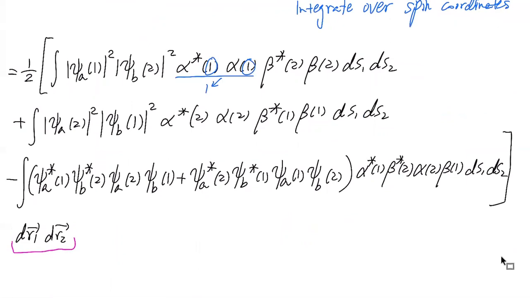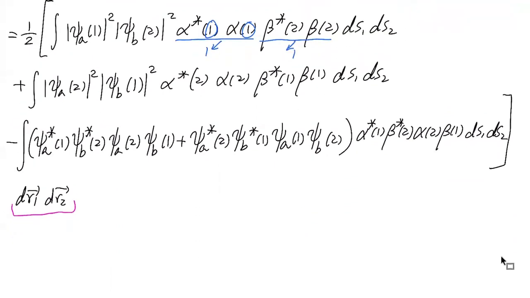You have alpha star 1, alpha 1, of course, this is normalized. This is 1. This is 1. This is also 1. And alpha 1 star times alpha 2, times beta 1, ds1, right? Gives you 0, right? Because for an electron, the alpha and the beta states are orthogonal.